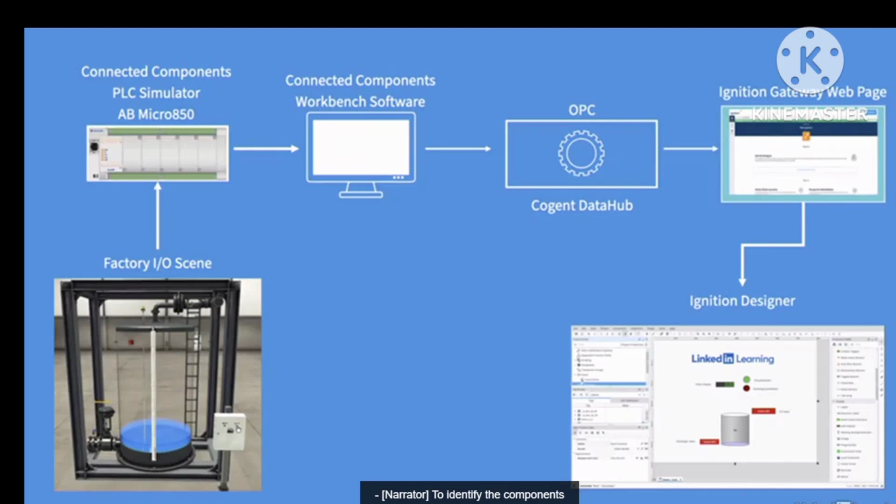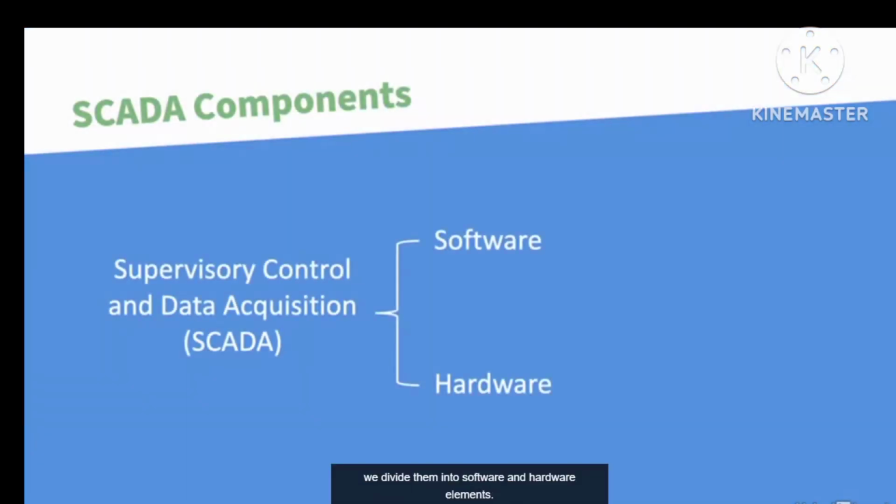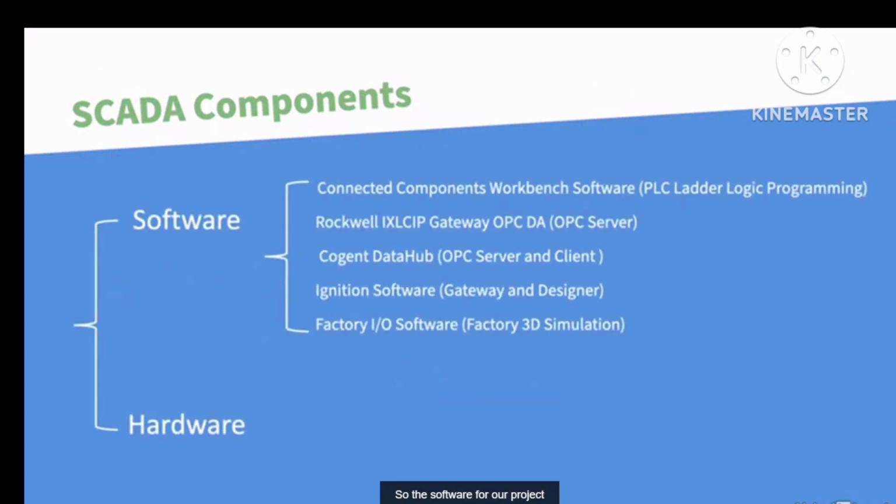The components for our SCADA project, we divide them into software and hardware elements. So the software for our project are Connected Components Workbench software for the PLC ladder logic programming.